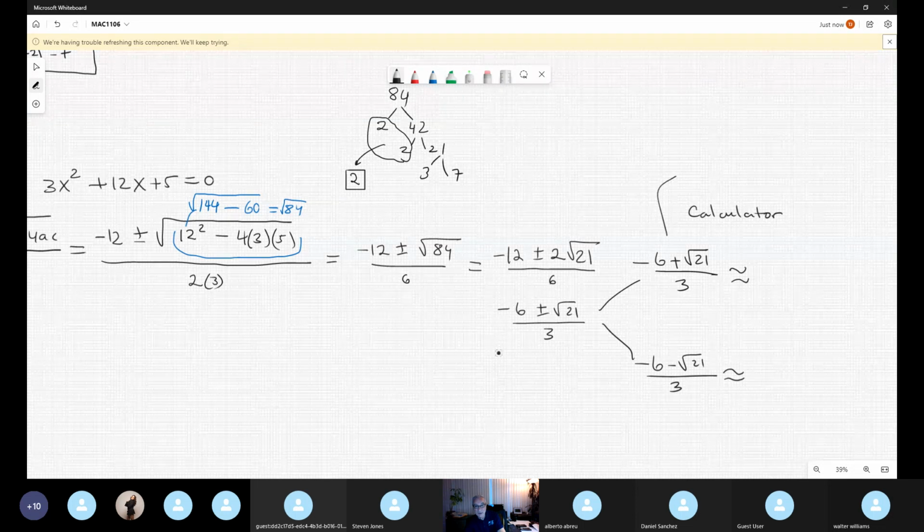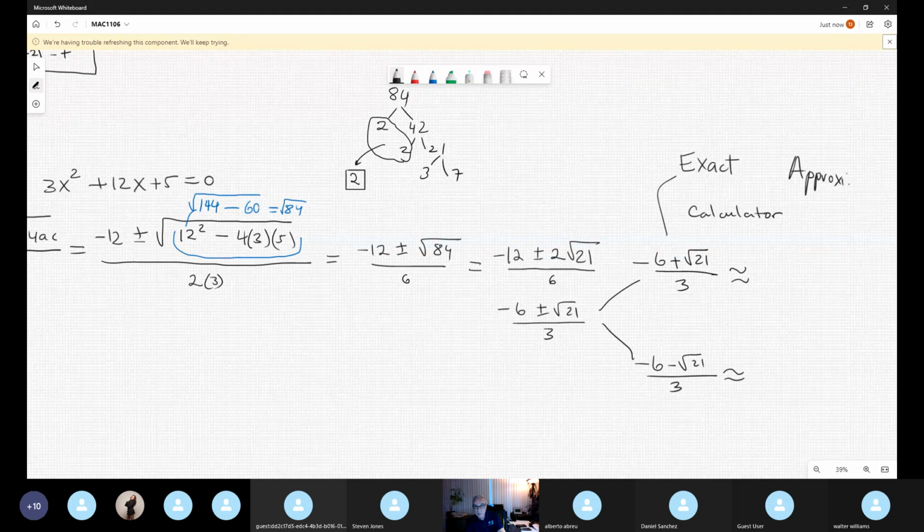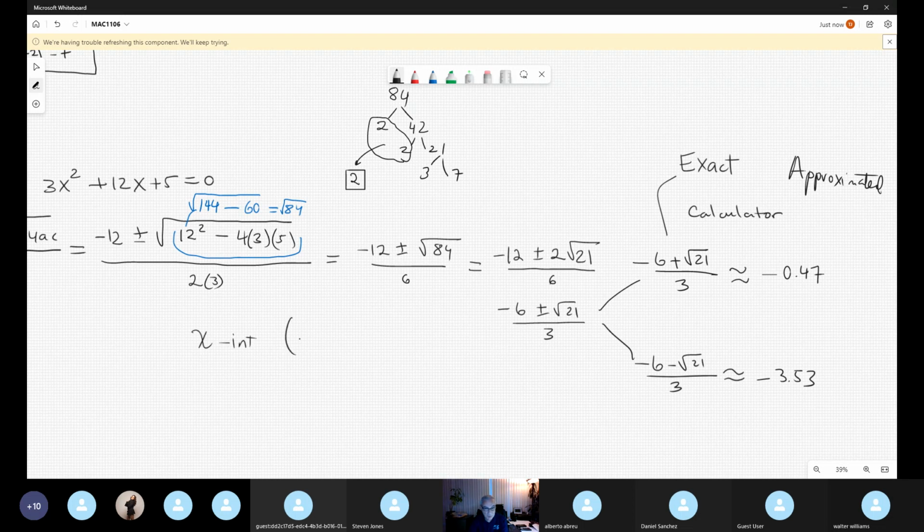This is the exact solution, but I need an approximate solution because I want to plot graphically. The solutions are minus 0.47 and minus 3.53. Therefore, my x-intercepts are the points minus 0.47, 0 and minus 3.53, 0.